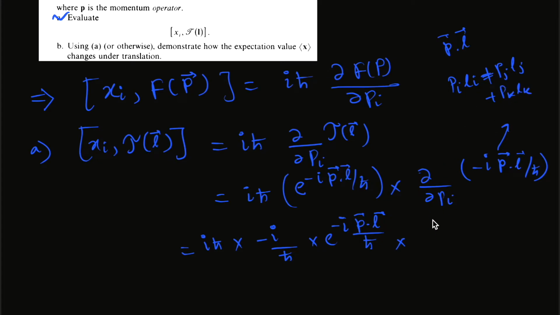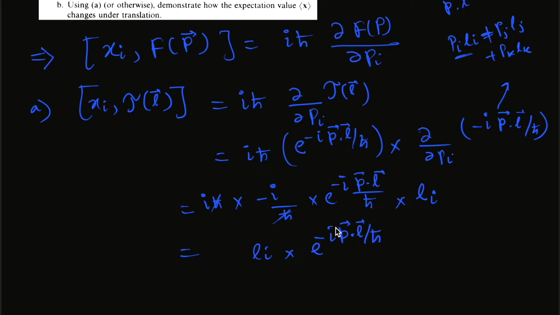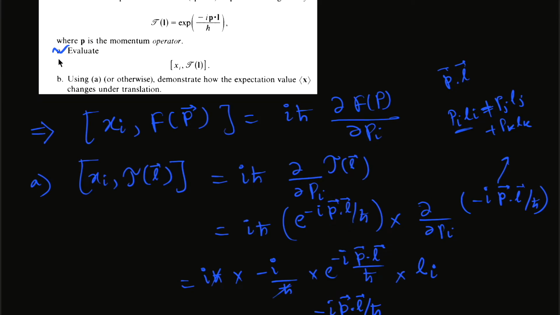From here only the first term survives, since pj and pk are independent of pi. That means we'll get li, so these cancel, minus i times i will be 1. That means it will be minus i p dot L by ħ... so we have evaluated the first part of question 30.